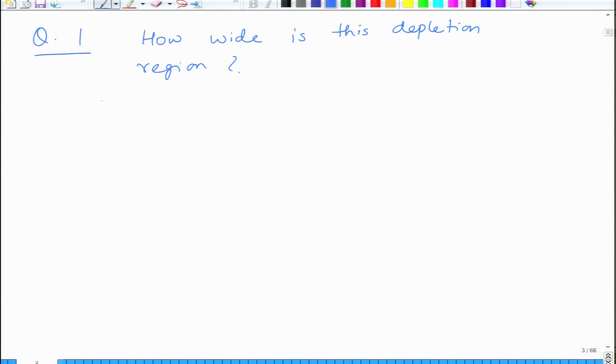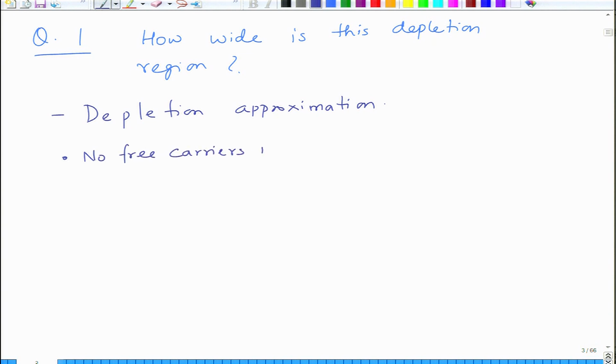For this, what we take into consideration is that first we can make an approximation, which is the depletion approximation. Now the depletion approximation basically means that you don't have any free carriers in the depletion region.